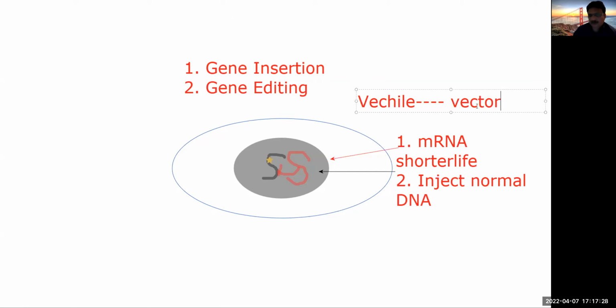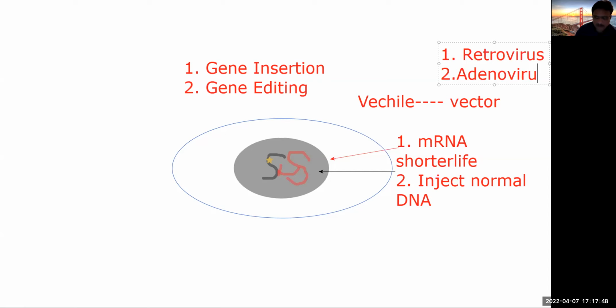Now this vector can be of two types. Number one, it could be retrovirus based, or second, adenovirus based. For both, the strategy will be very different.